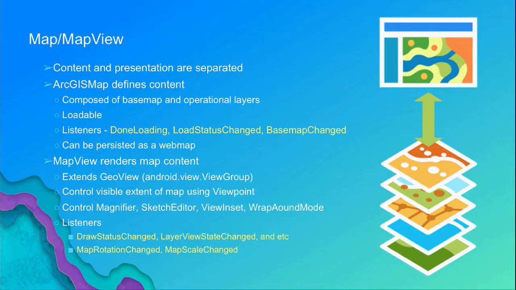Some of the listeners on the MapView are inherited from the GeoView, such as the draw status change listener and layer view status change event. There are also a couple of events specific to the MapView, like map scale change and map rotation change.